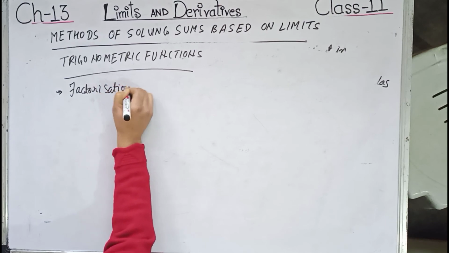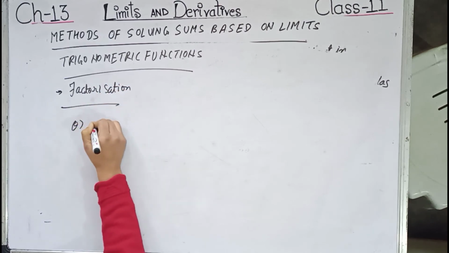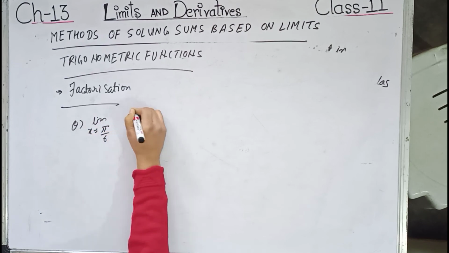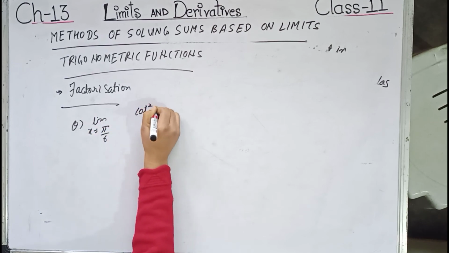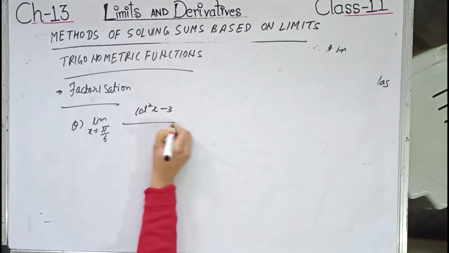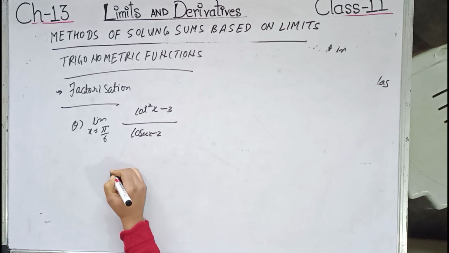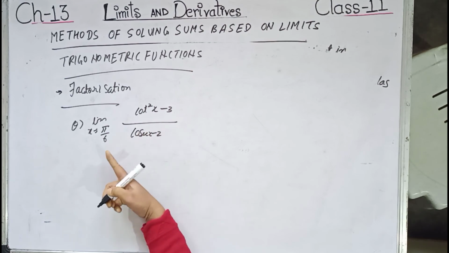trigonometric functions. One question I am taking: limit x tending to pi by 6, cot square x minus 3 by cosec x minus 2. So over here let me see what is the value of pi by 6. Pi by 6 is how much? 30 degree.